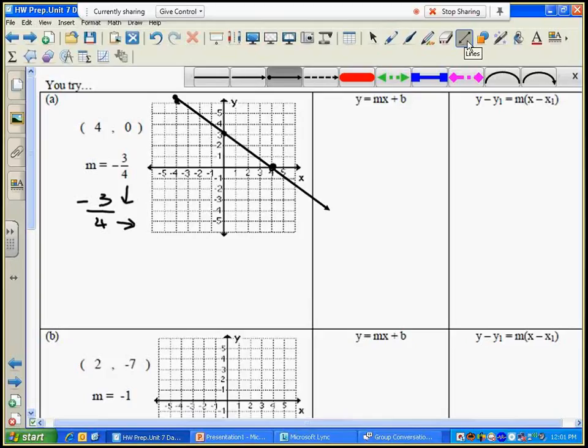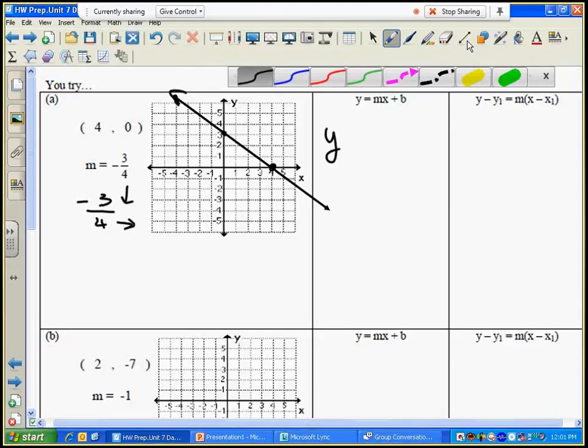Okay. That is y equals negative 3/4 x plus 3. We could also write this as y minus 0 equals negative 3/4 (x minus 4).